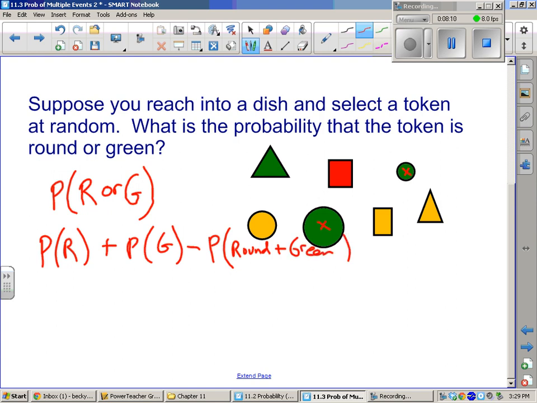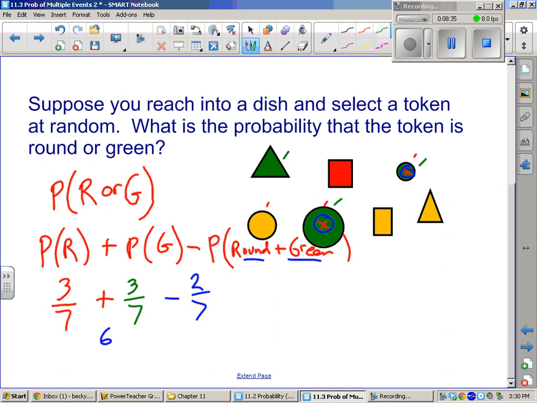Okay, probability of round. There are 1, 2, 3 round out of 7 tokens. And then the green ones, there are 1, 2, 3 out of 7. And then we need to remove the overlap. So those would be any that make round and green true. There are 2.